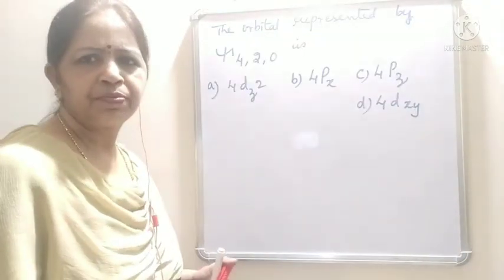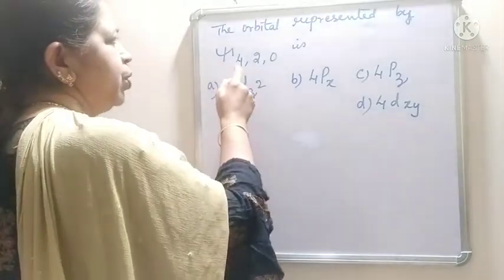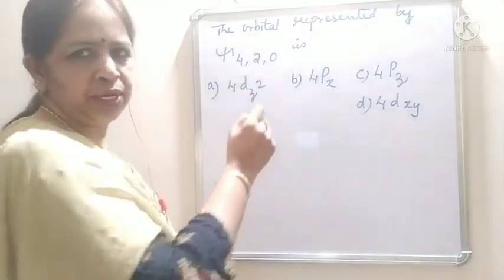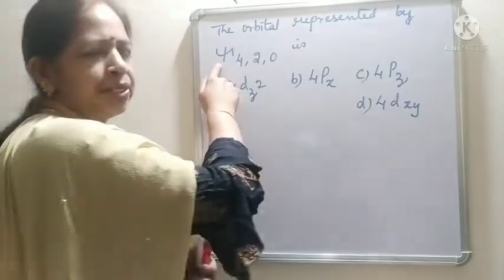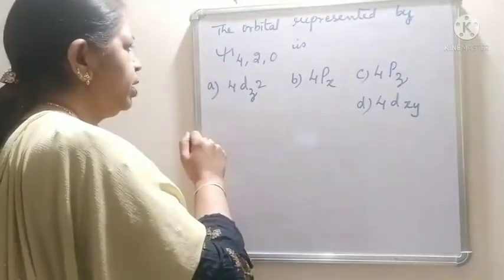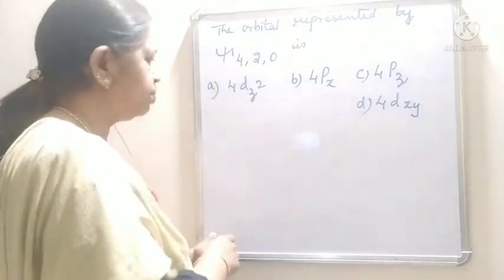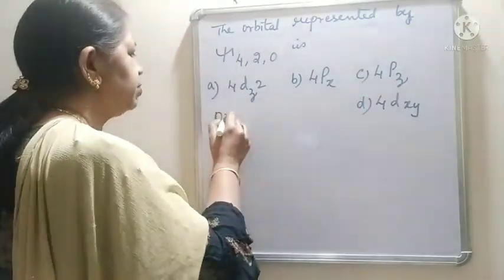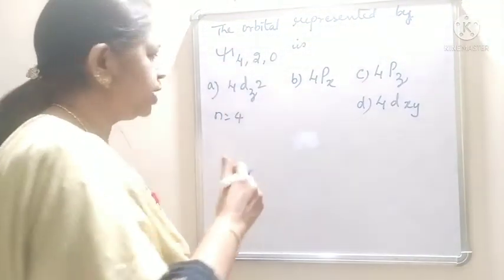Next question is, the orbital represented by psi 4, 2, 0 is, what is that orbital? This psi represents an orbital. Okay. So, the first number represents the principal quantum number. So, n is equal to 4 and the second number represents the azimuthal quantum number.